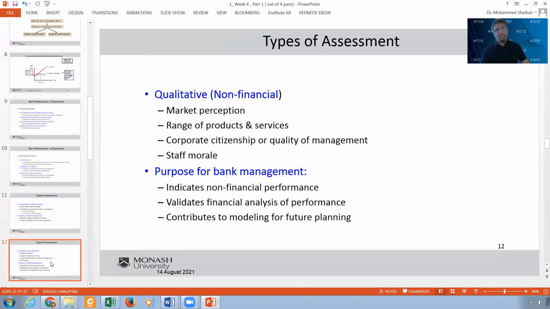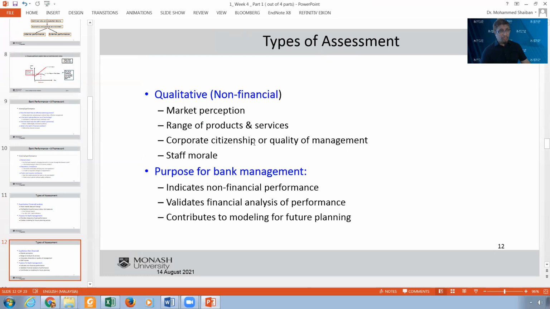Let me look at the qualitative. Now the qualitative means no numbers: market perception, how many products and services we have. We want to see the corporate citizenship or quality of management.